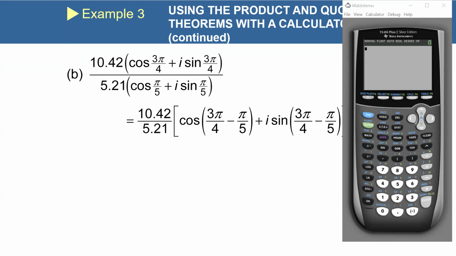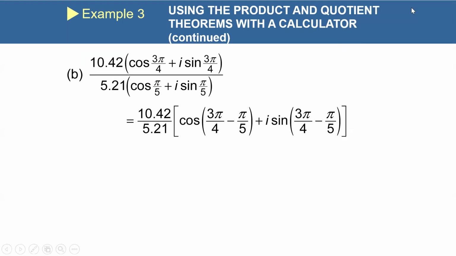All right, so we're gonna set up. So we're gonna identify what we're doing. So we said we were gonna divide R1 divided by R2. And then we're subtracting theta 1 minus theta 2.